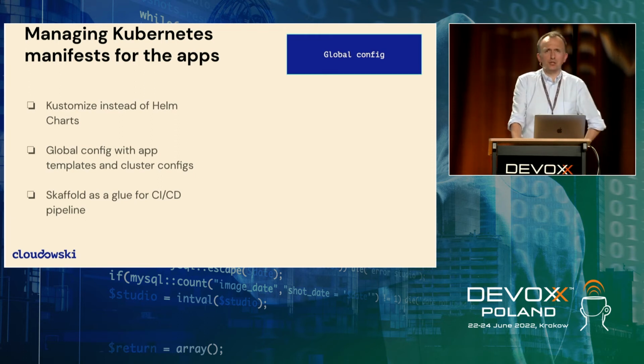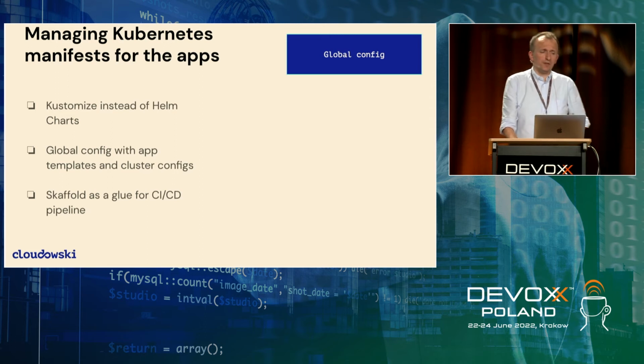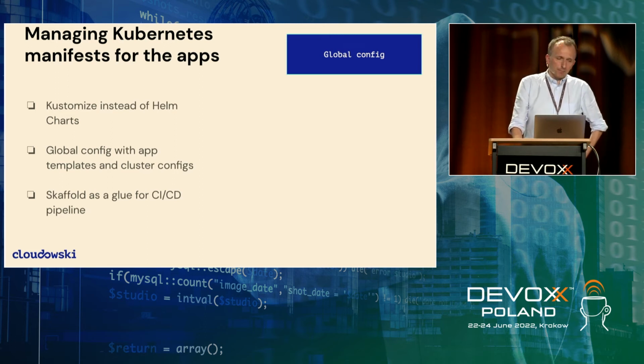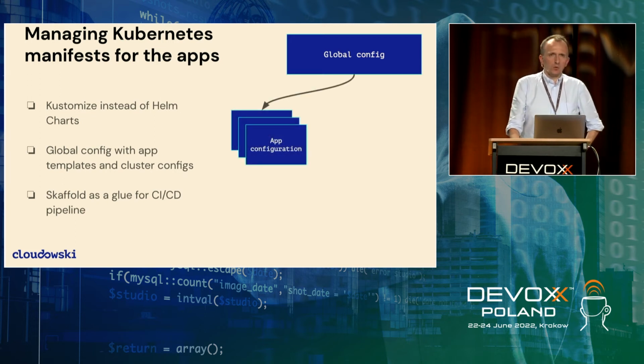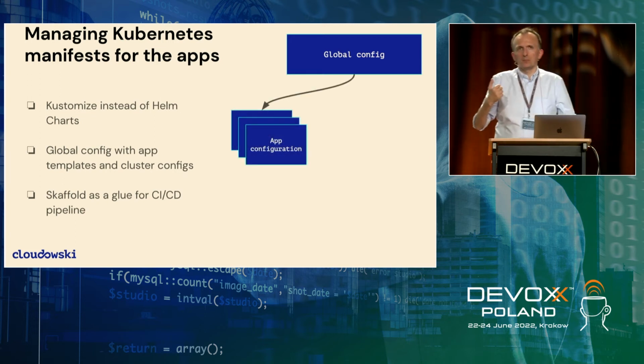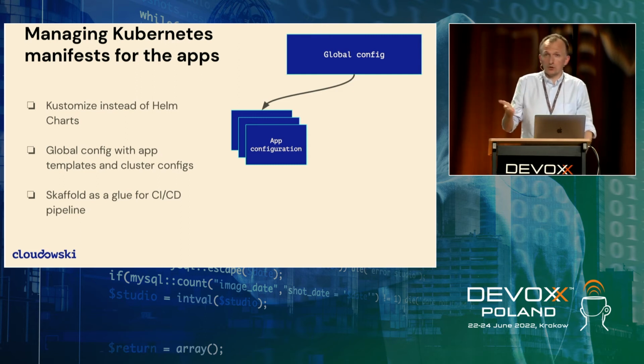So how do we manage Kubernetes manifests for the apps? We decided to use Kustomize instead of Helm charts, for example. But like I mentioned, conventions and standards are the key.